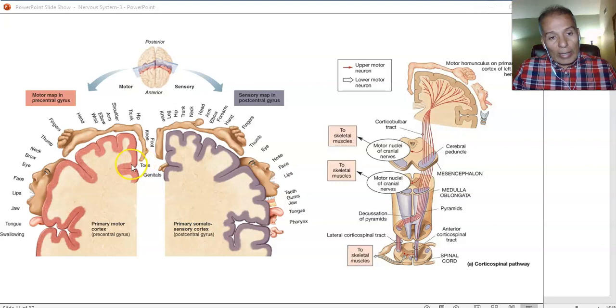So this area of the cortex, for example, is dedicated to moving your toes. It has axons that travel all the way to the brain stem, to the spinal cord, crossing to the other side of the brain stem, and going all the way down to your toes. Simply, it is wiring.